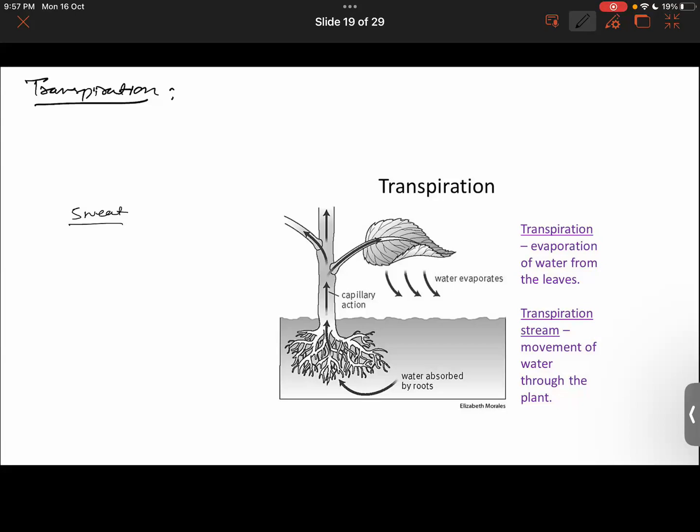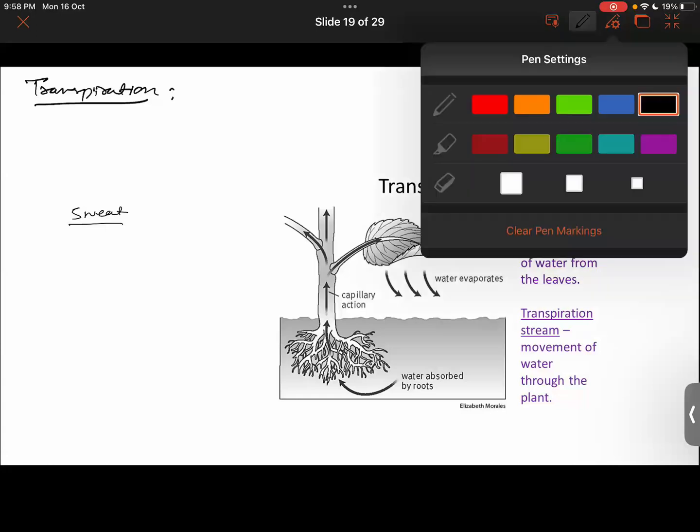We feel cold now. Why is it so? Because when the sweat from your body is evaporated, it absorbs the heat from our body and escapes into the environment. Getting it?